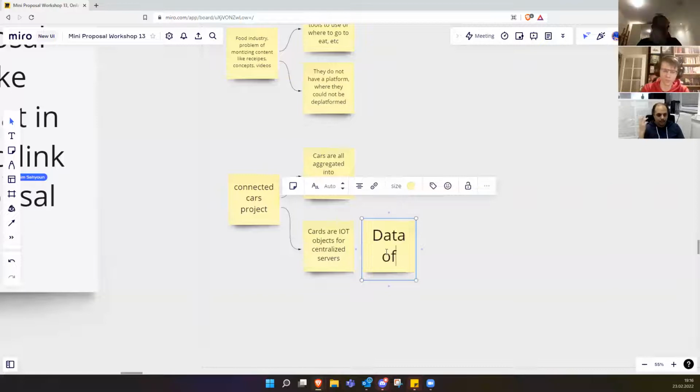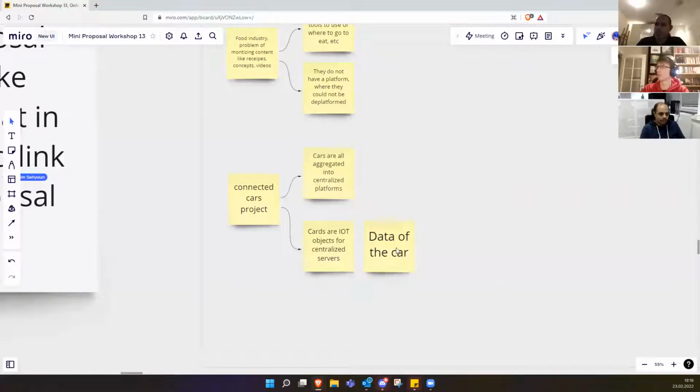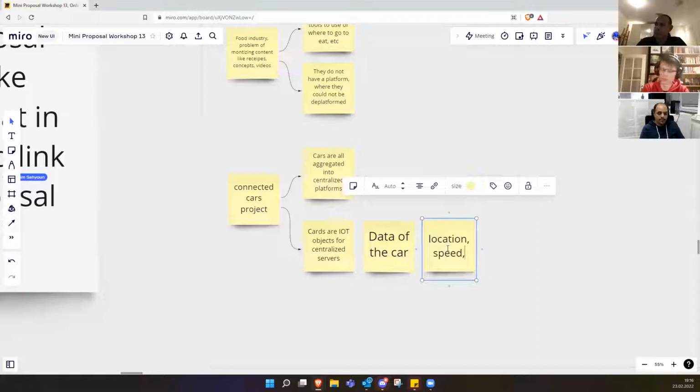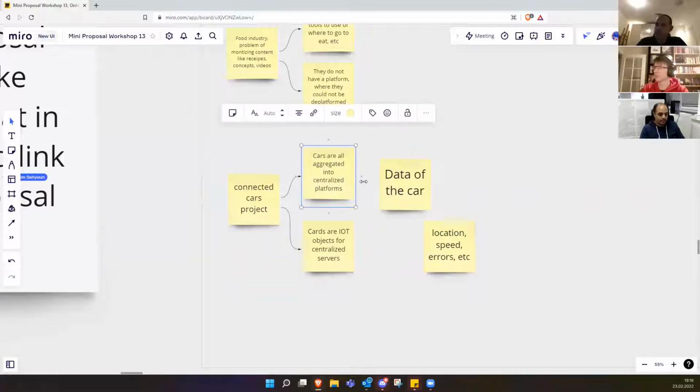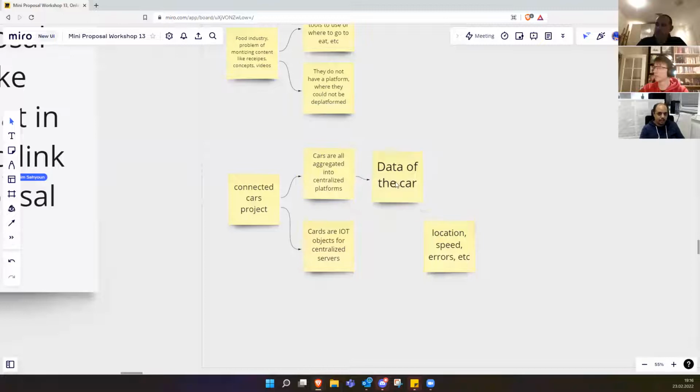For example, GPS data, speed, everything is connected with a centralized server. So there are also data security issues with centralized servers, with hacking, availability, and so on. That can be solved with blockchain.